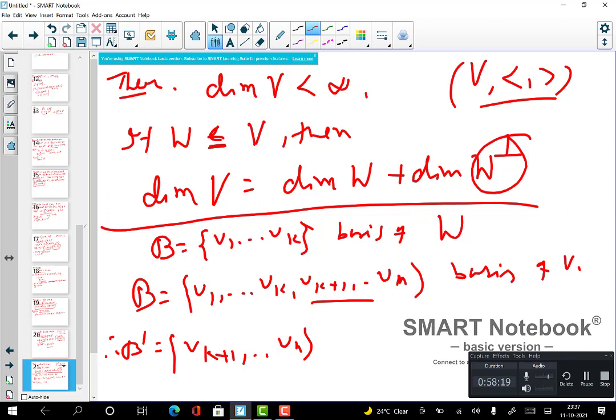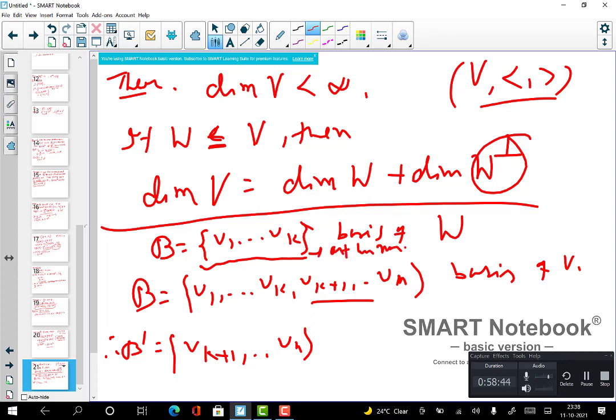So how do you claim this? Maybe I should say orthogonal. Suppose you have an orthonormal basis, then it is true; otherwise it is not true.